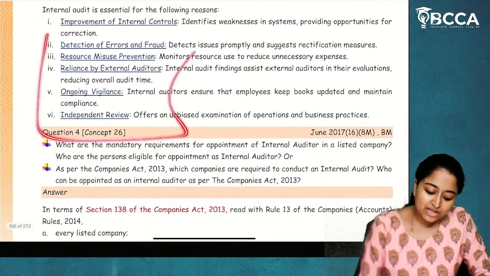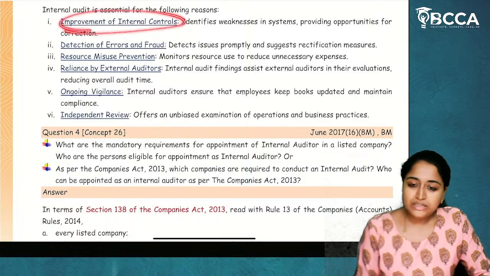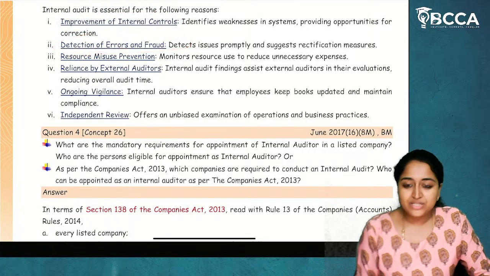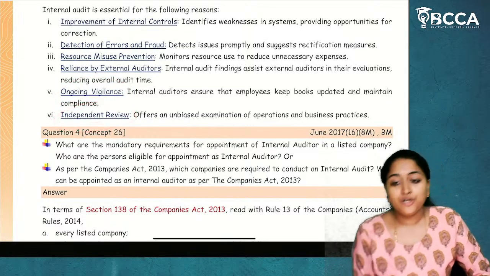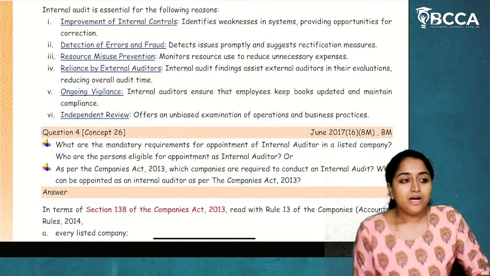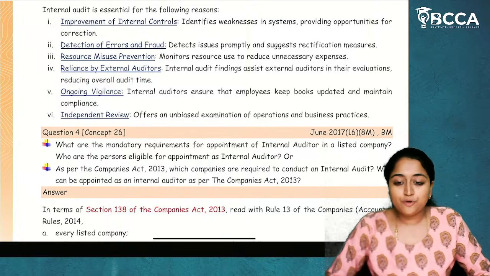So this is the necessity of internal audit: improvement of internal controls, detection of errors and frauds, resource misuse prevention, reliance by external auditor, ongoing vigilance and independent review. Now, I hope this question is also understood by you.